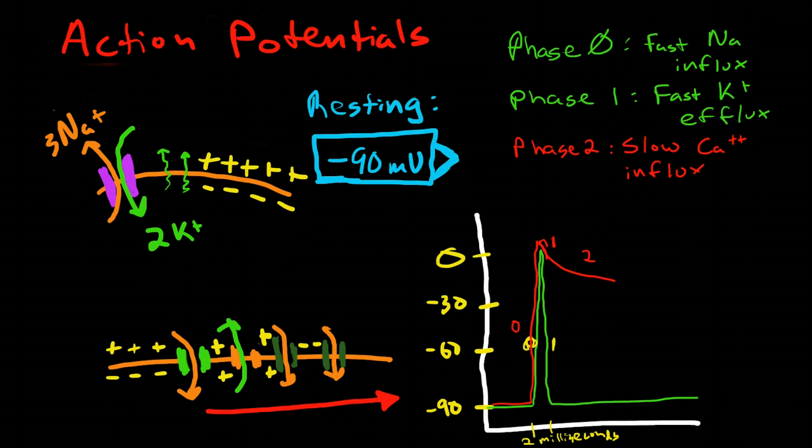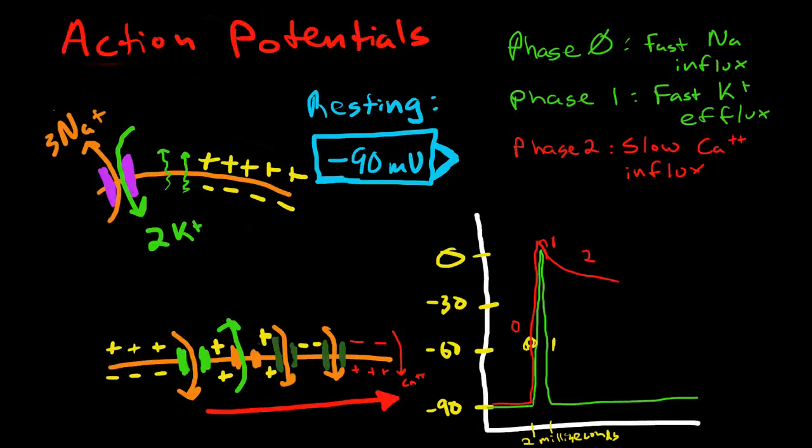So the slow calcium influx is maintaining this difference where the outside of the cell is negative and the inside of the cell is positive, because we have positive calcium ions flowing into the cell slowly. So this prolongs the action potential, so it lasts longer.